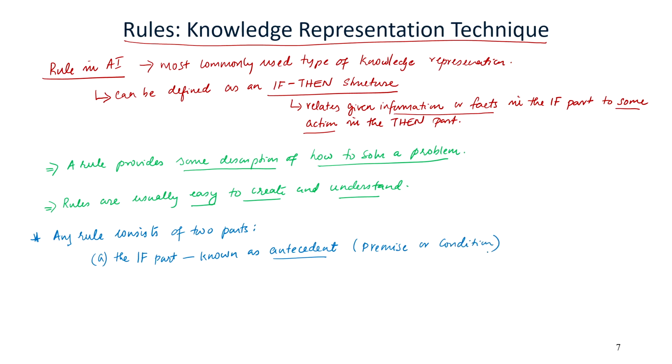Some people call it condition, some people call it premise, but it is known as the antecedent. B, the then part, known as the consequent, also known as the conclusion or action.